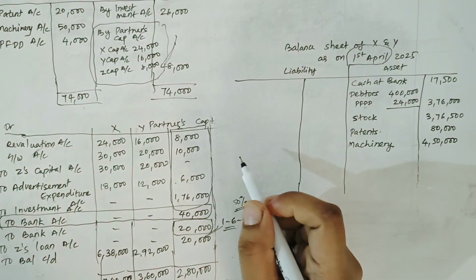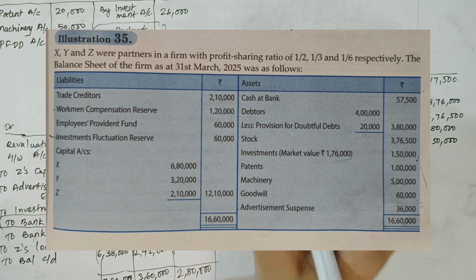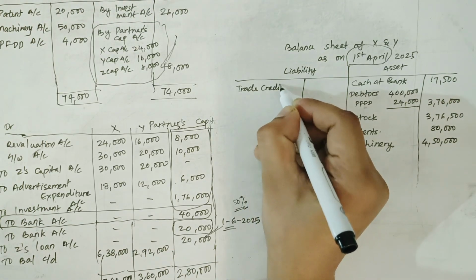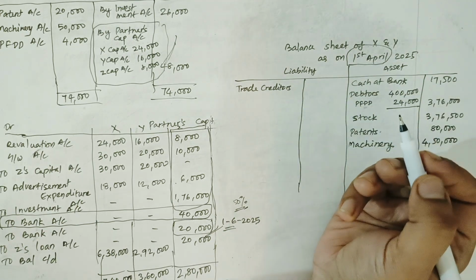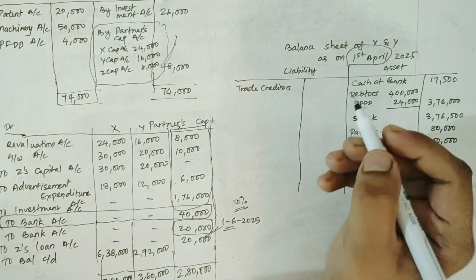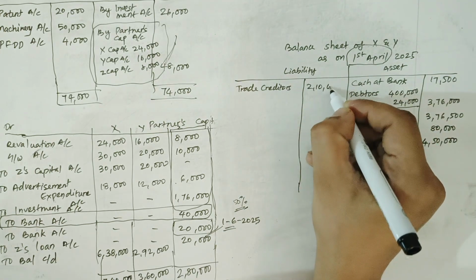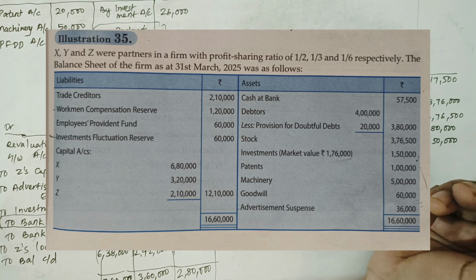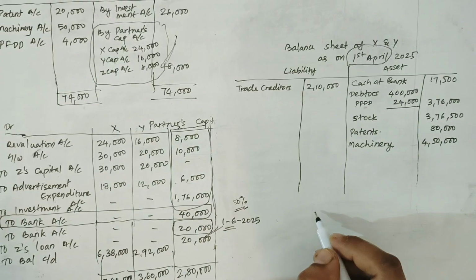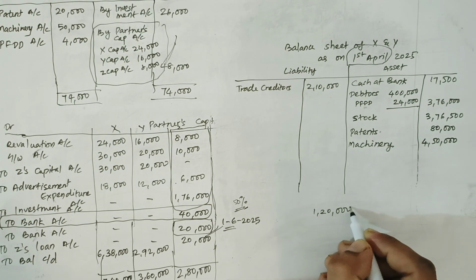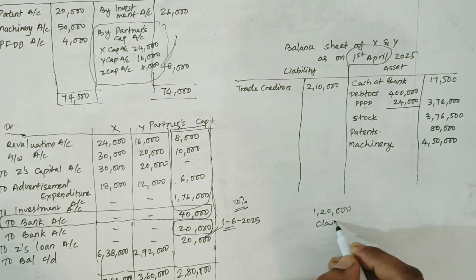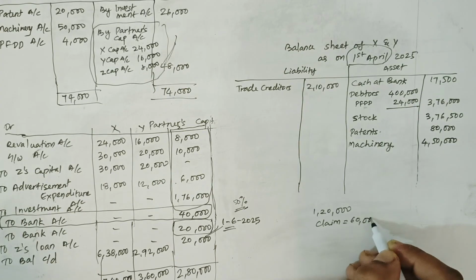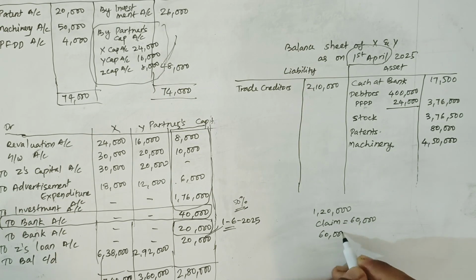Now on the liability side, in the old balance sheet, you can see trade creditors. There was no adjustment on creditors, so the value is the same, 2,10,000. Now workman's compensation reserve. There was a reserve of 1,20,000, and there was a claim of 60,000, and the remaining 60,000 was distributed among the partners.